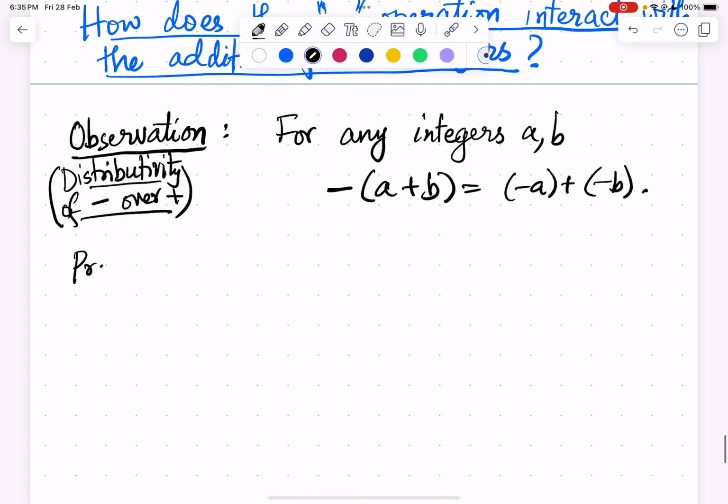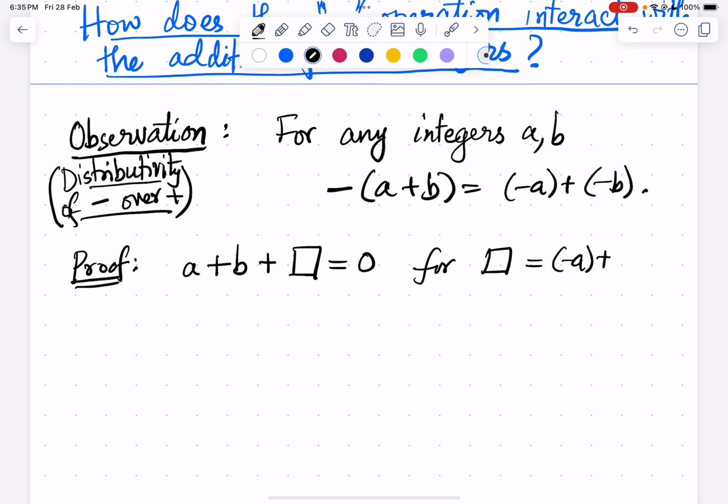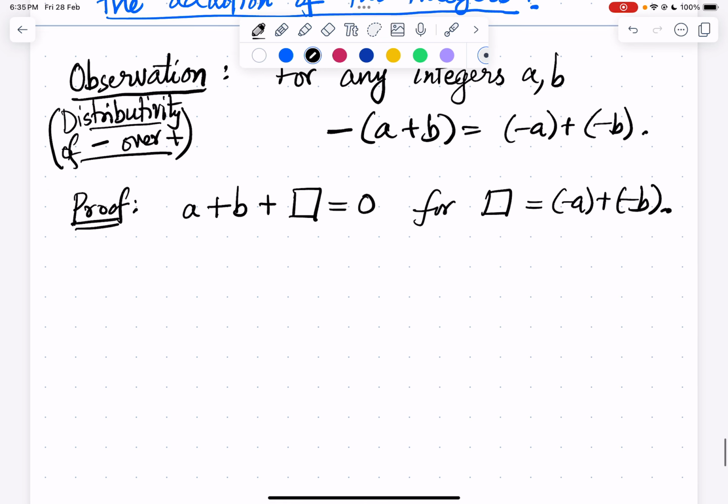The proof of this is similar whenever we're dealing with minus of an integer. So minus of (a plus b) is, by definition, that integer box such that a plus b plus box is 0. But a plus b plus box is 0 for box equals minus a plus minus b. Hence minus of (a plus b) is, by definition, this value of the box, which is minus a plus minus b.